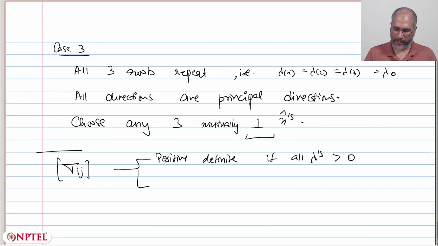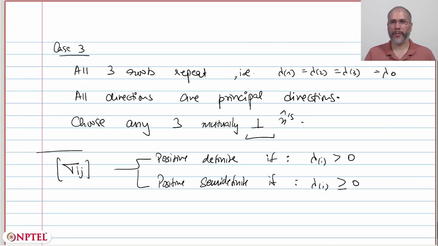And it's called positive semi-definite if lambda i is greater than or equal to 0.